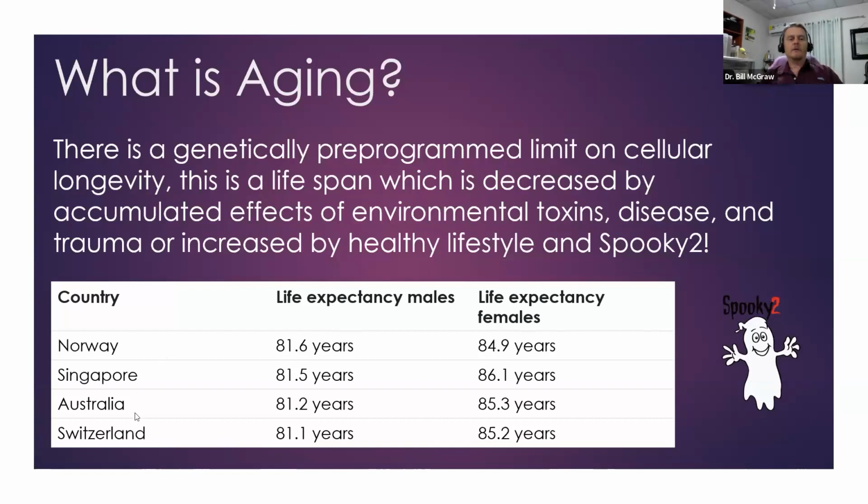If we look at these 4 different countries, Norway, Singapore, Australia, and Switzerland, you'll see that although these are genetically dissimilar countries, I mean, these are very different people, especially Norway, Singapore. I mean, they're not genetically related, but their life expectancy is very similar. Why is that? It's because cells have an expected ability to divide and grow over time. And that runs out typically at about 82 years.